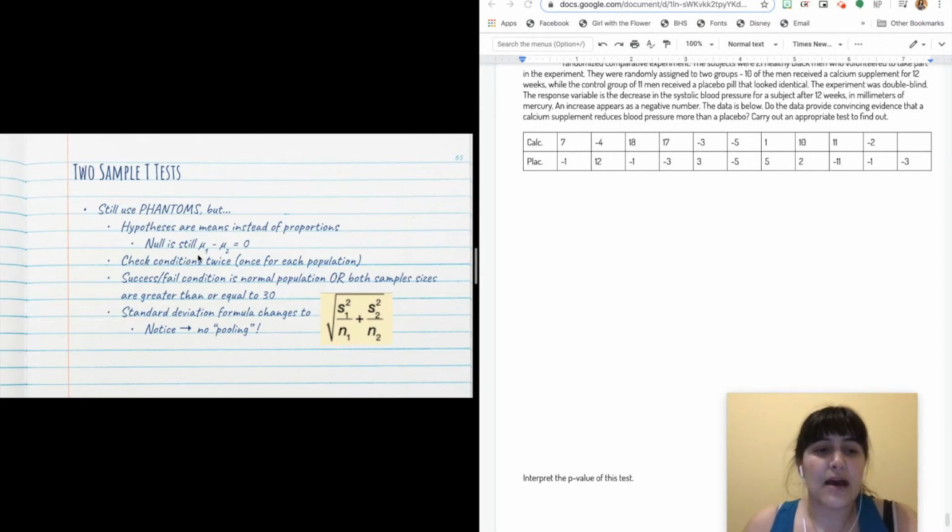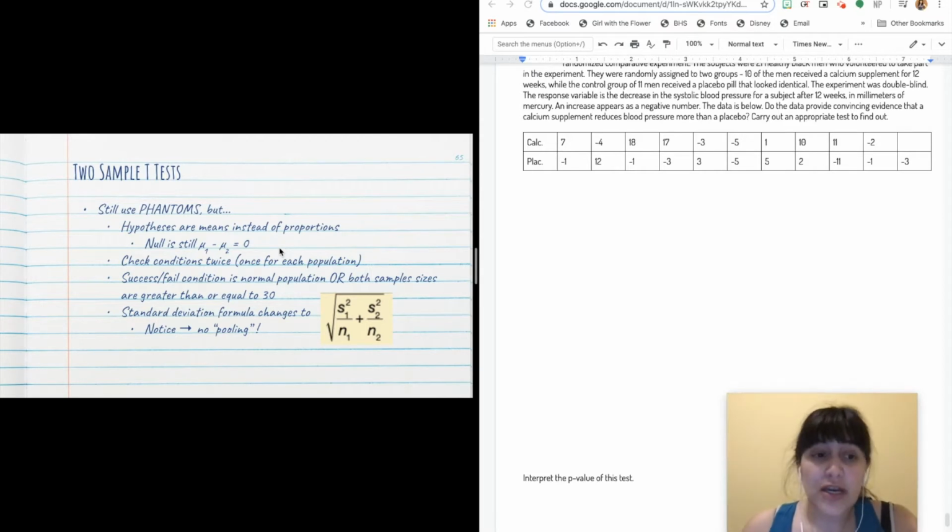This is a difference of means test. A two sample test is always a difference test. You're subtracting two populations, so your null is always going to be equal to 0. But this time it's mu1 minus mu2 instead of p1 minus p2. This is your null, always, always, always if you're doing a two sample t-test.